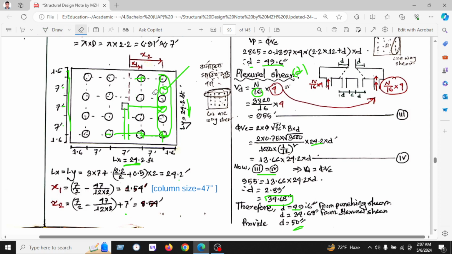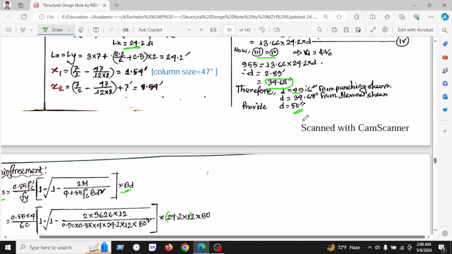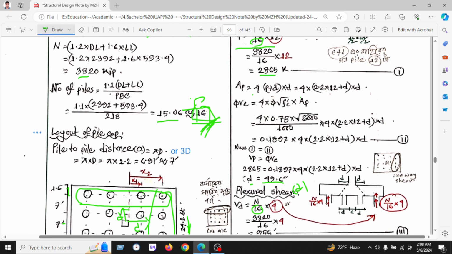If we see this layout, then we can see only this portion will take the flexural shear, because this portion is at distance D from the column, that's why we will take this 4. Okay, I hope you all understand my talk.